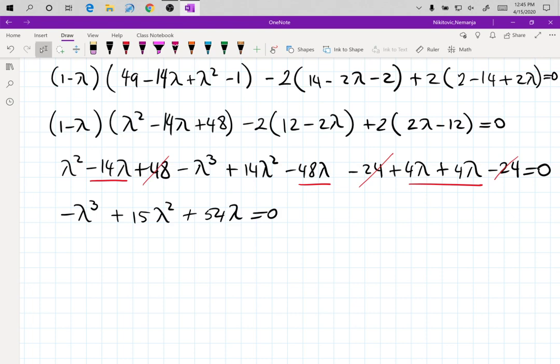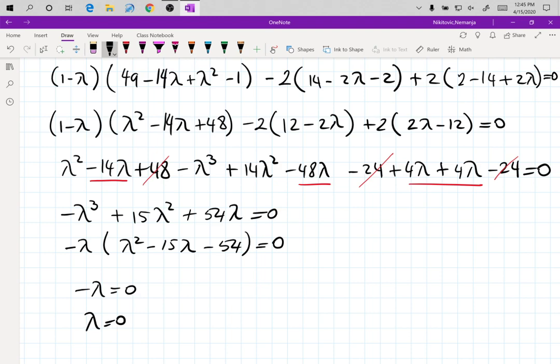So what do I factor here? I'm going to factor negative lambda and leave it with lambda squared minus 15 lambda minus 54. So I factored out negative lambda, and for now I have negative lambda equal to 0, which is lambda equal to 0. And now I have the other one, which I use the quadratic formula for if we can't factor. Factoring might be easier, but not everything factors, right?